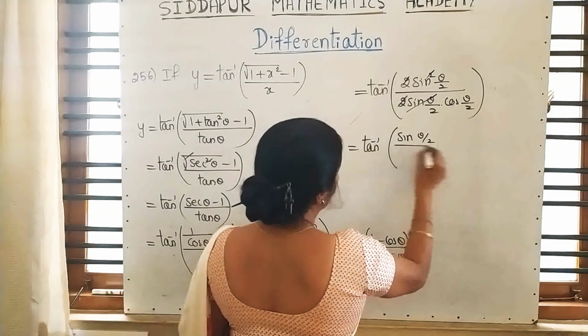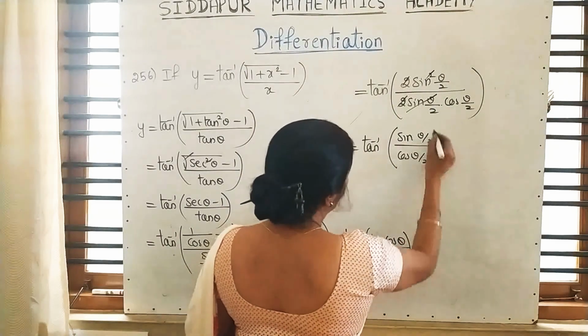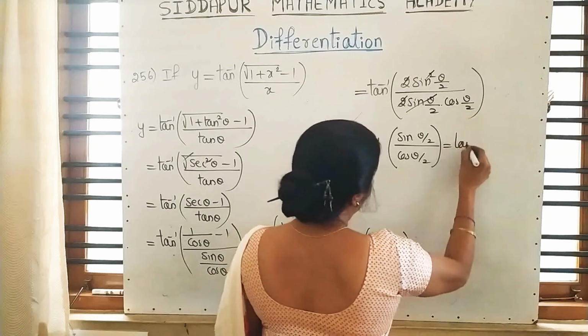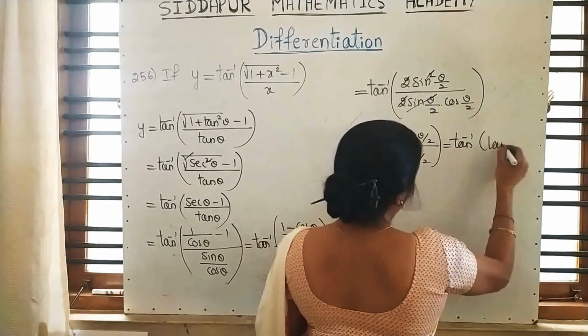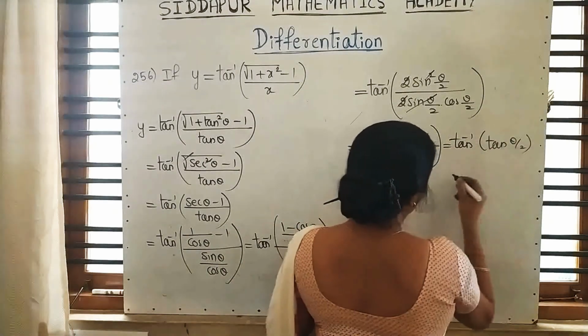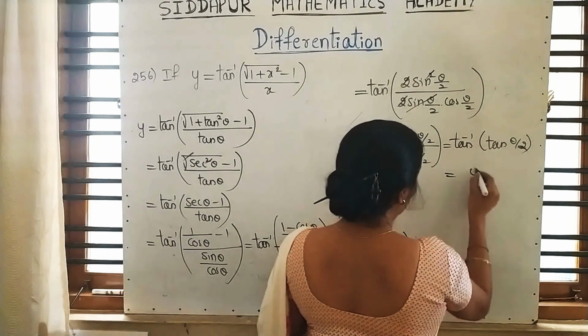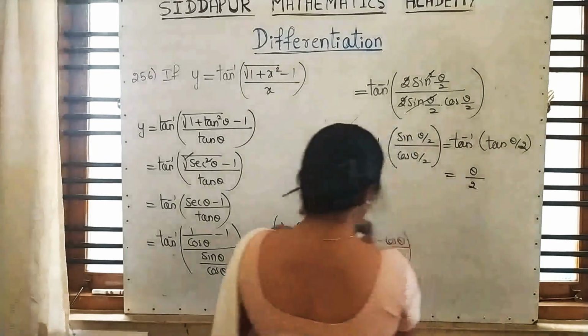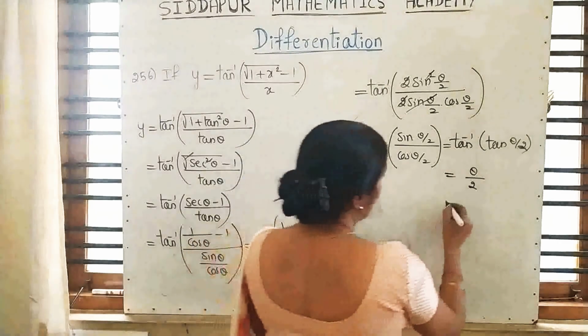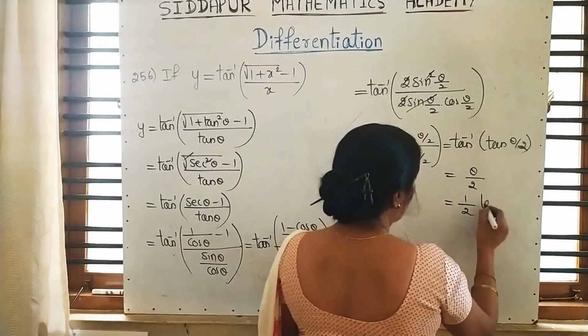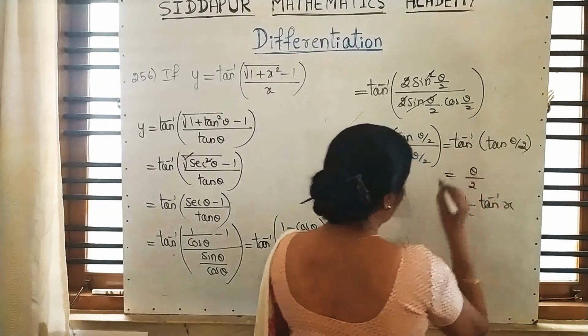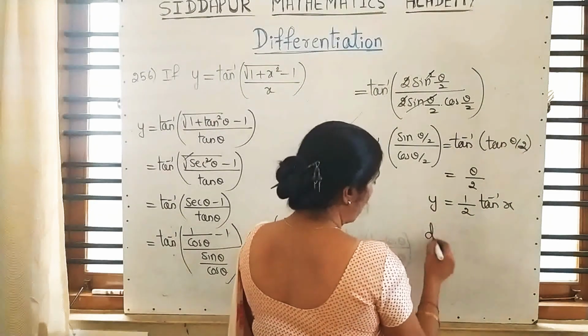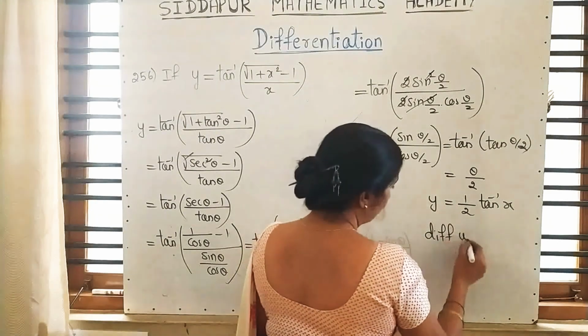Sin theta by 2 upon cos theta by 2 is remaining. Tan inverse of tan theta by 2. Tan inverse and tan get cancelled. Theta by 2 is remaining. 1 by 2 as it is. Theta is what? Tan inverse x. This is y.